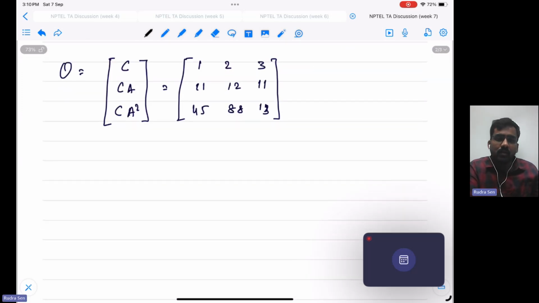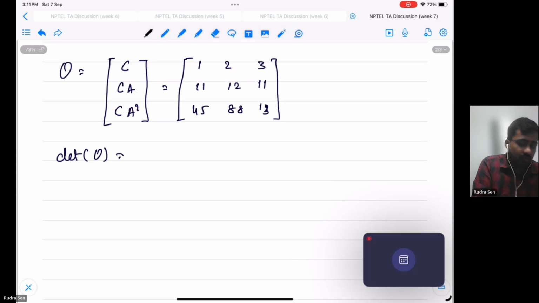As you can see, this O matrix is a square matrix. So to check the rank of this matrix, we have to find out the determinant. We can check the determinant.